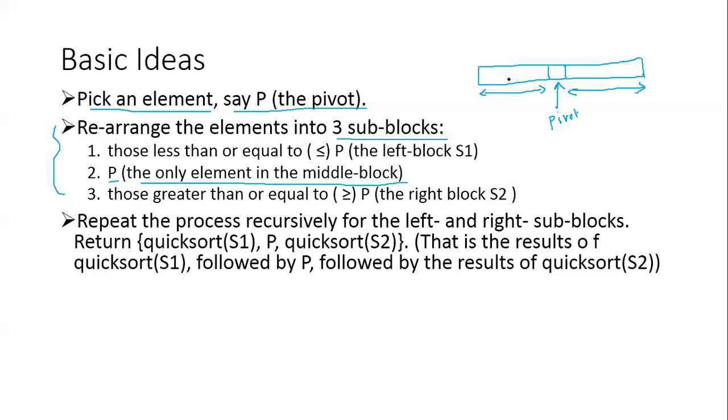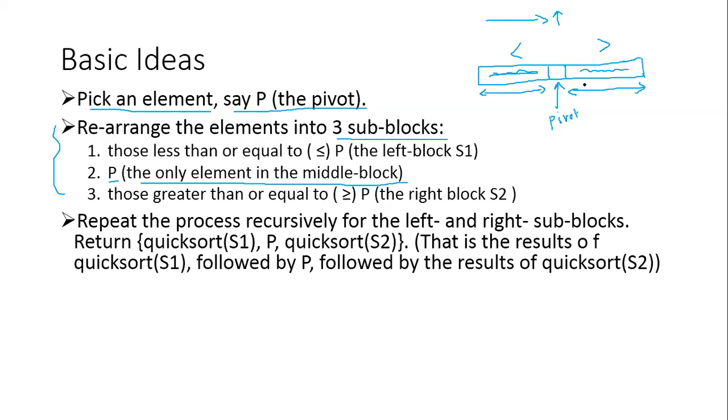Okay. And it has to be arranged in such a way that all this data present over here is lesser than the pivot, and all this data should be greater than the pivot. But what does it mean? It means that we are arranging the data with increased value, I mean, in increasing order.